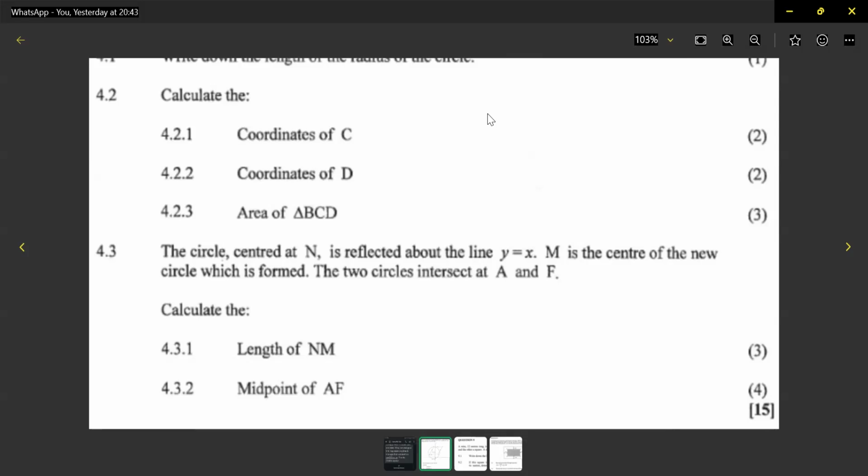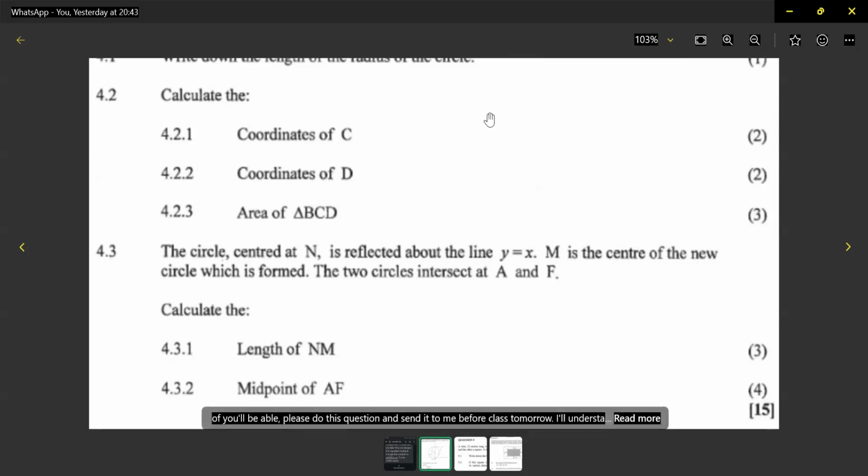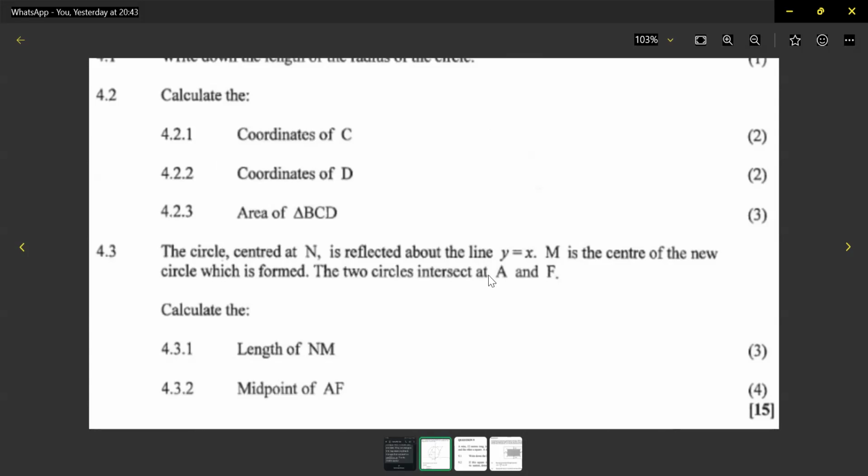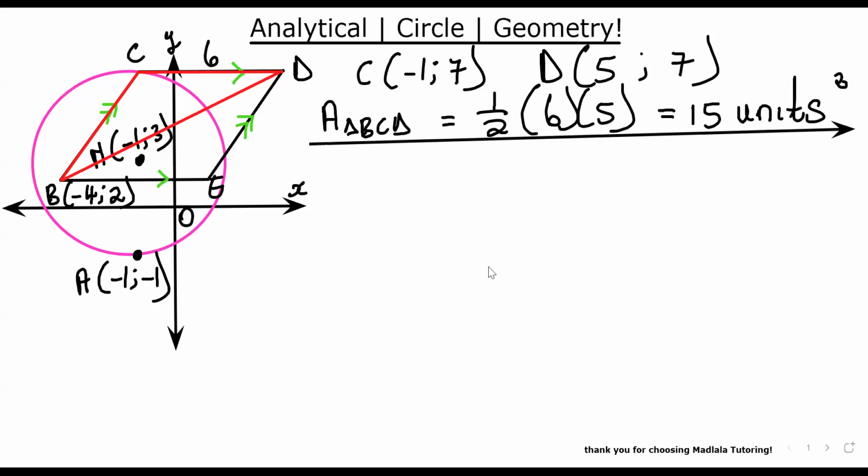So let's make a sketch and see how both of these are going to look. Most importantly, the first question asks for the length of NM, so we need to know the coordinates of the point M, the center of the new circle.